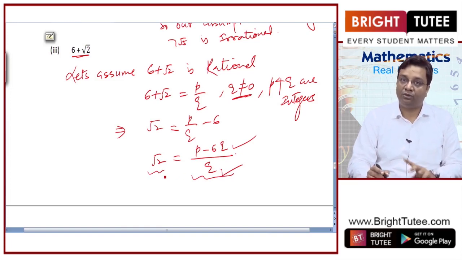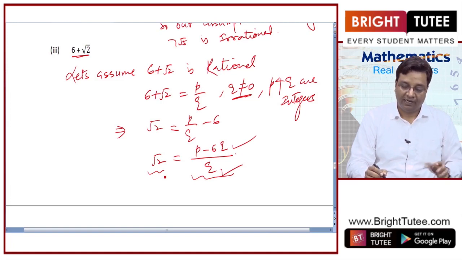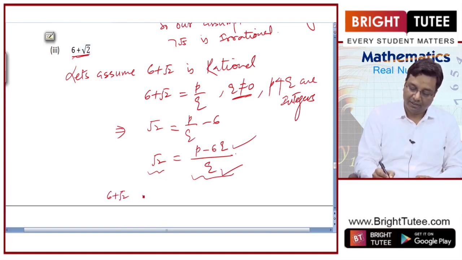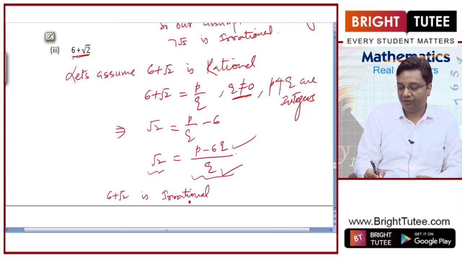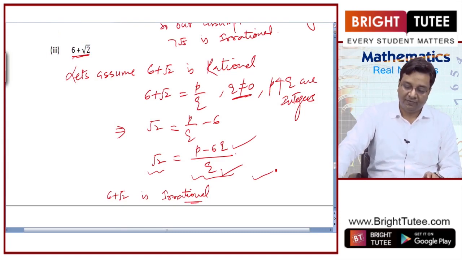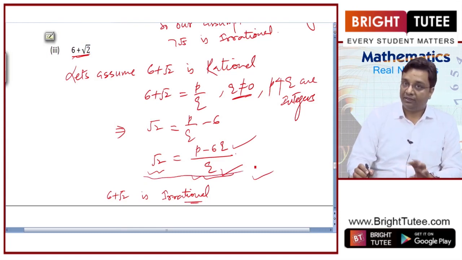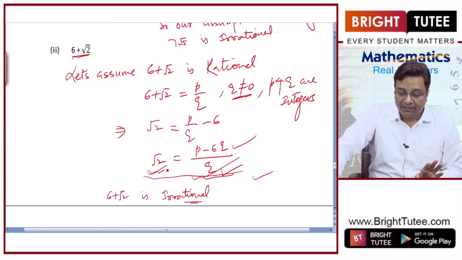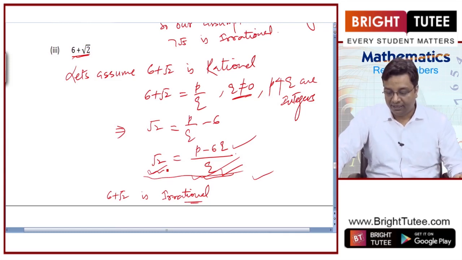But we know that root 2 is irrational, hence the wrong conclusion, hence our assumption was wrong, and we can say that 6 plus root 2 is irrational. So these are the statements that you will write here, and you will say that by contradiction, here the contradiction is there because a rational is equal to an irrational, right? So we can say 6 plus root 2 is irrational.